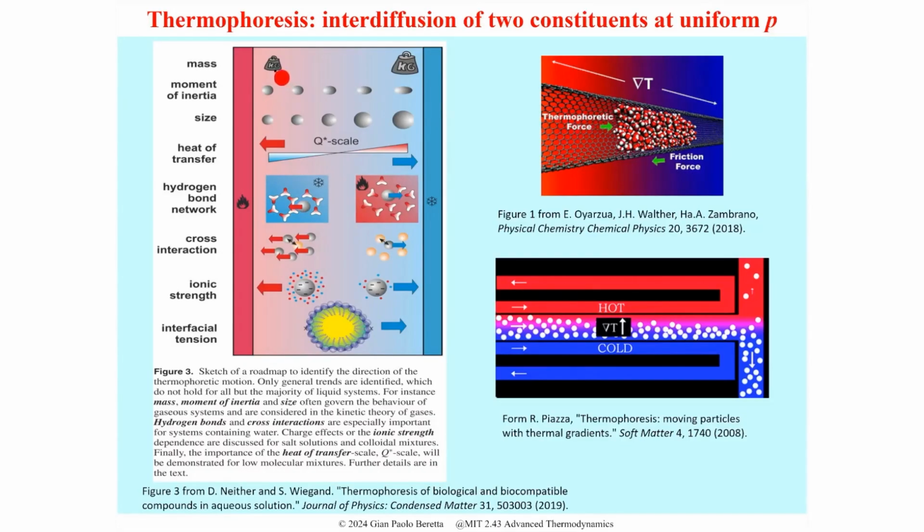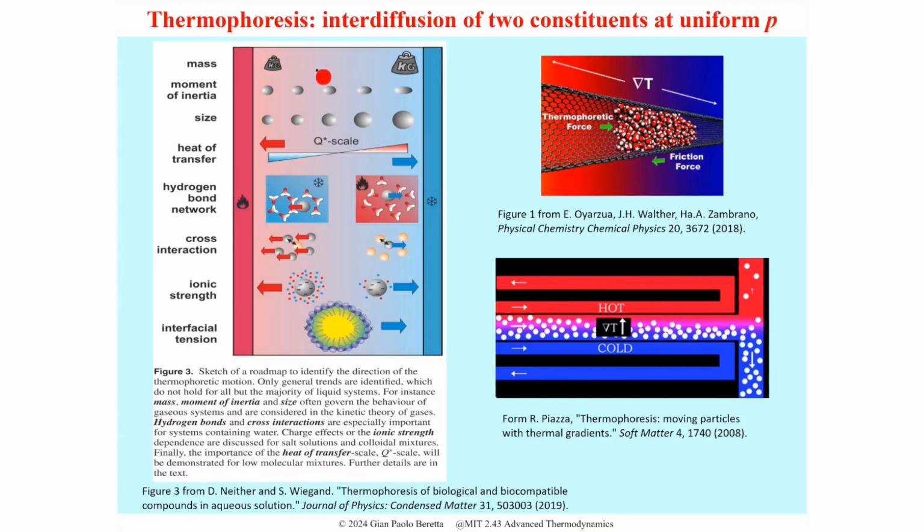So typically, the heavy particles like to get moved to the cold side, or the skew particles, or the large particles. But then there are also more sophisticated actions, including some double layer effects on the surface of particles that have some charge on their surface.